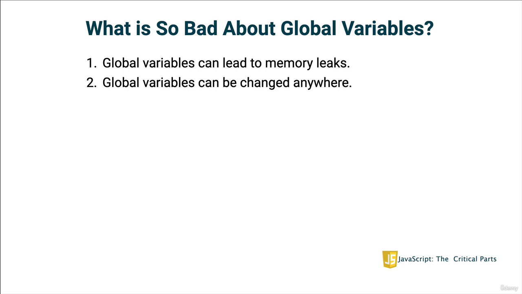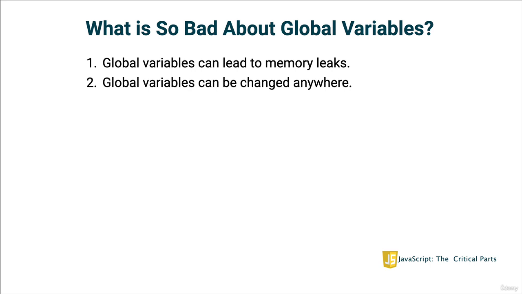Now, another disadvantage is that global variables can be changed anywhere. Now, the irony of this particular disadvantage is that many times that's seen as an advantage, and that's why global variables are used, especially by new JavaScript programmers. Making something global is an easy way to solve a problem. Well, if we make it global, we can access it anywhere.